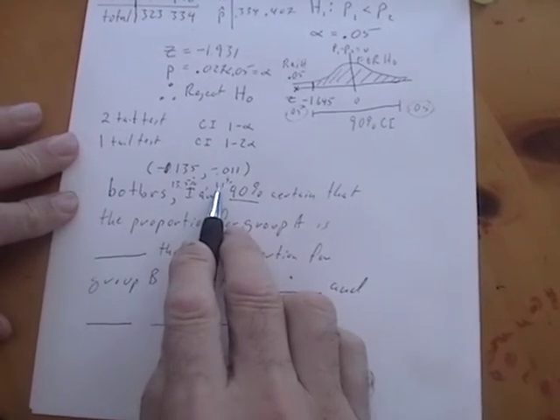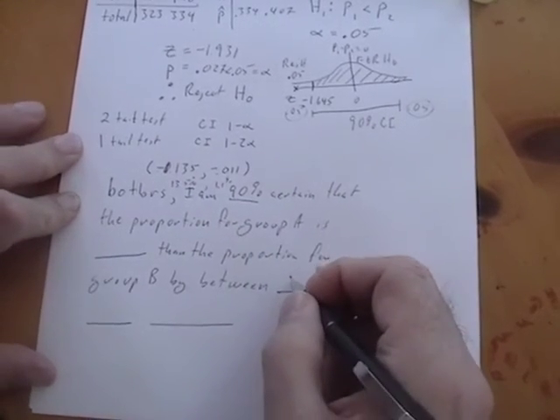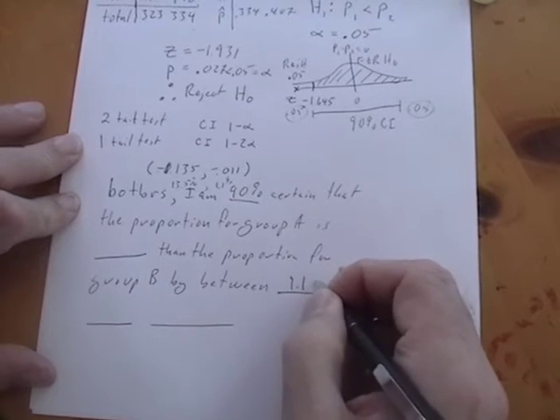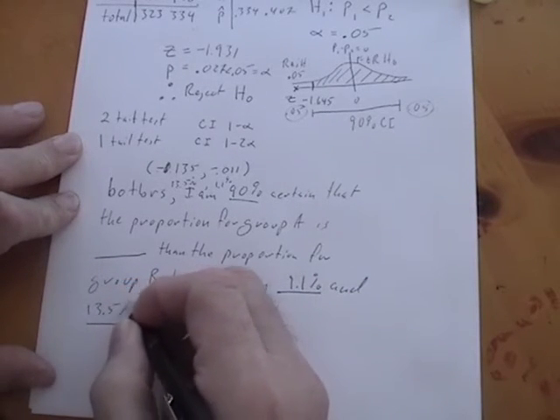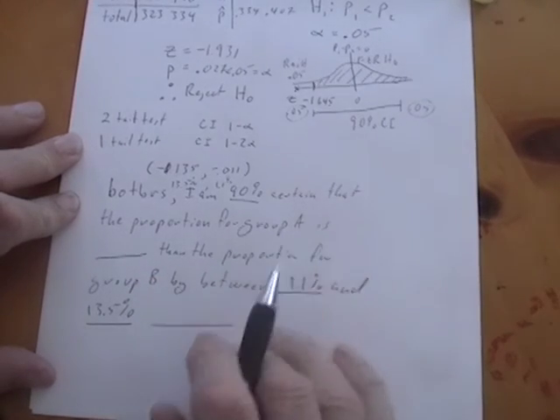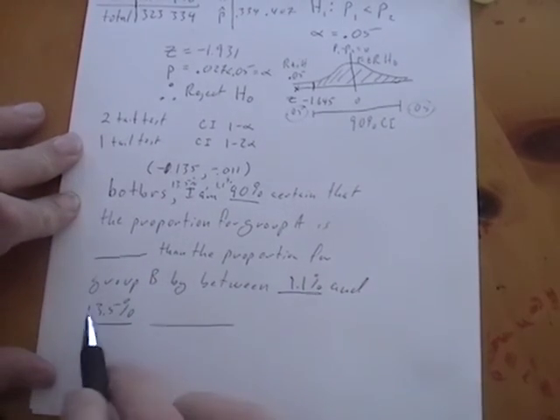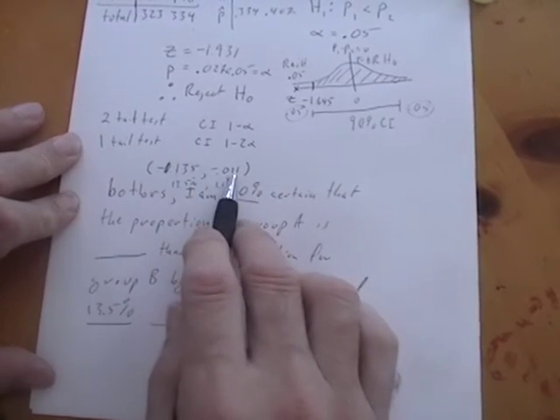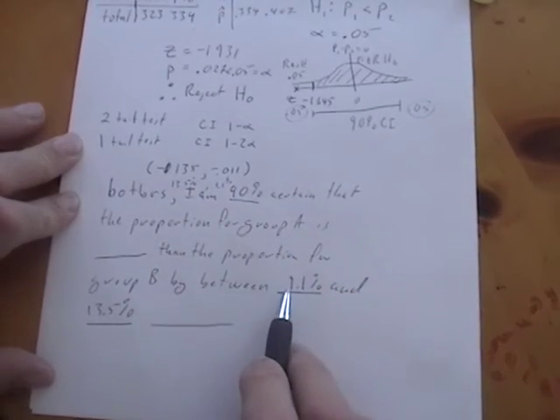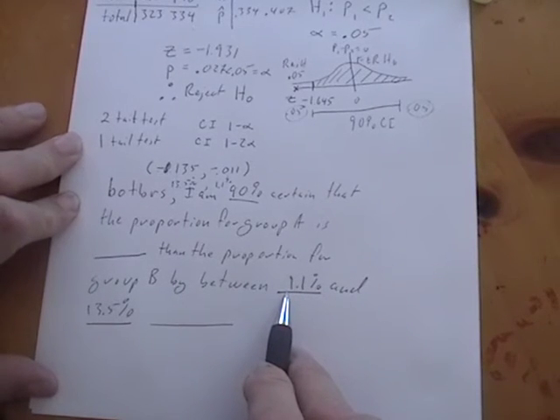Now I'll go from the lower value to the upper value. So the 1.1%, the 13.5%, those are the magnitudes. You'll notice that I got rid of the negatives. That's because negatives just confuse people when you use English.